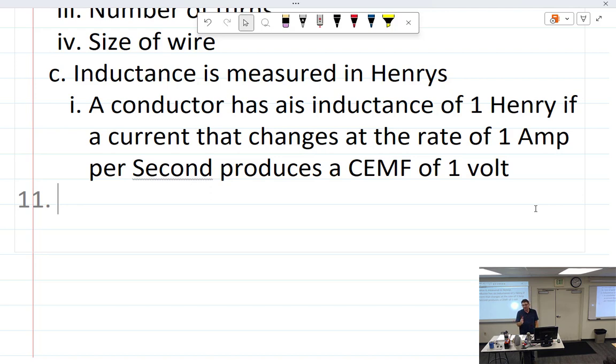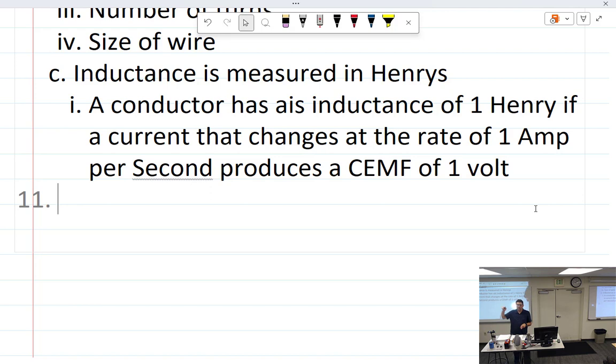If we looked at it on an oscilloscope, it goes from 0 to max voltage in a resistive circuit almost instantly. With a coil of wire, it does not happen instantly anymore.